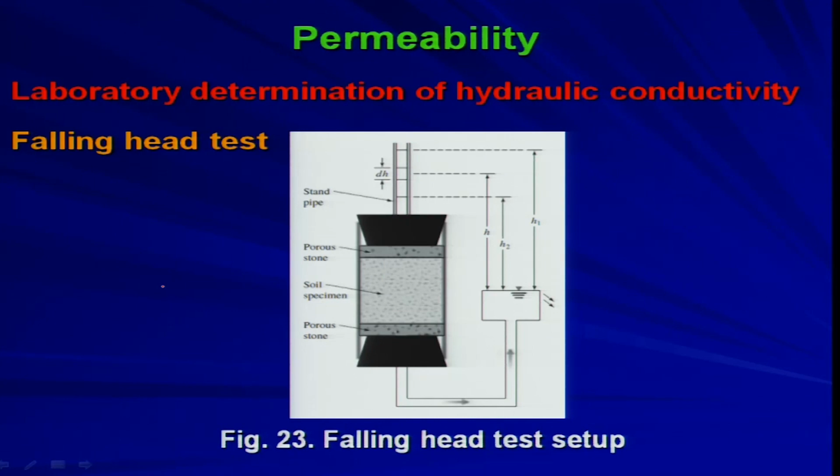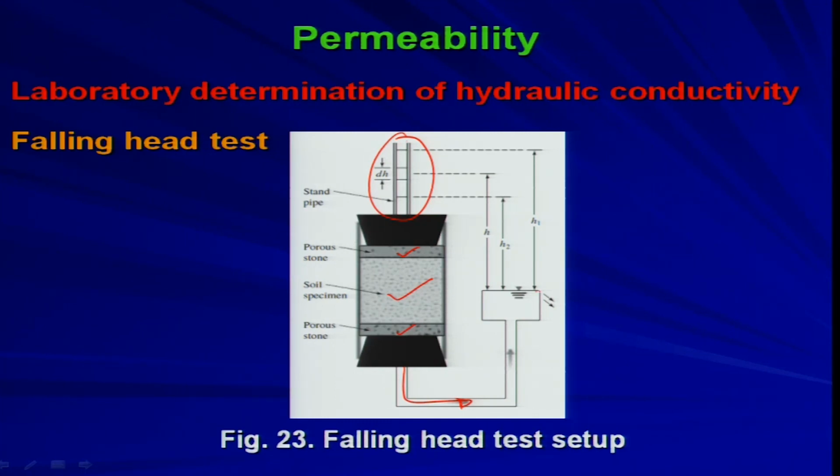Basically what we do, this is your standpipe, you have the soil specimen here, and again it is sandwiched between two porous stones, the top porous stone and the bottom porous stone, and you are collecting the water through this standpipe at some measuring device, some kind of tank.